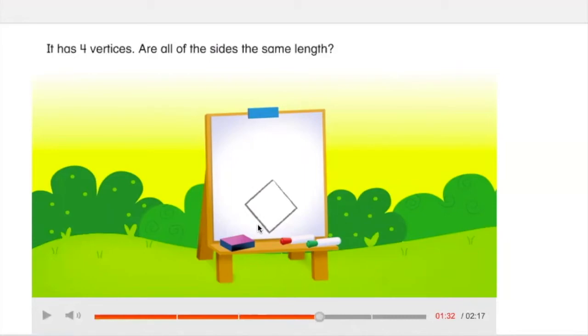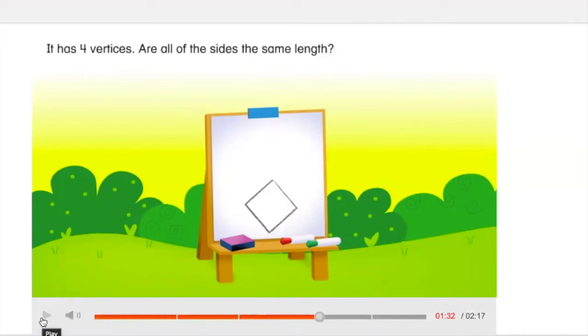Yes, it is a rectangle, but it's a special kind of rectangle. What do we call a rectangle where all the sides are the same length? A square. It's turned a little bit, but it's still a square.